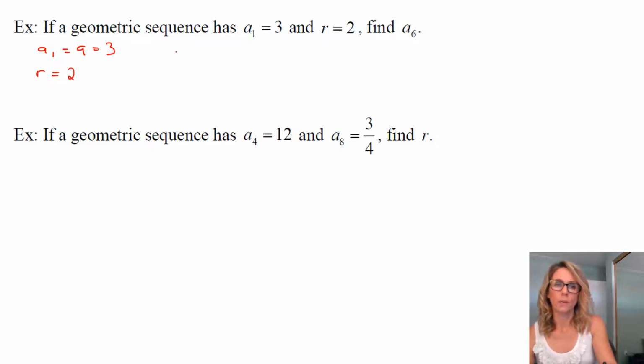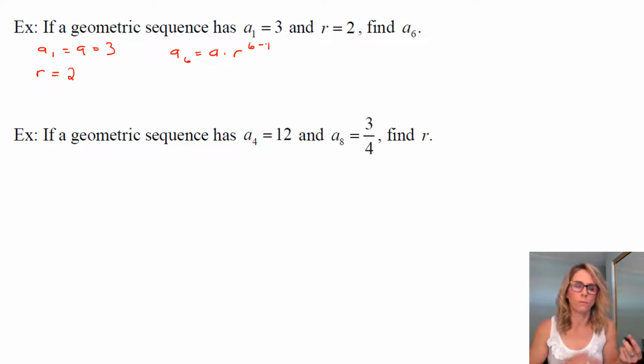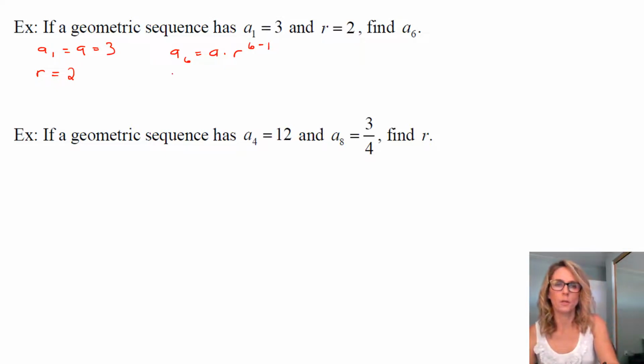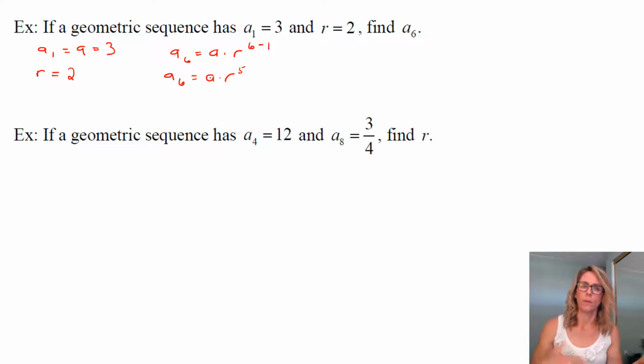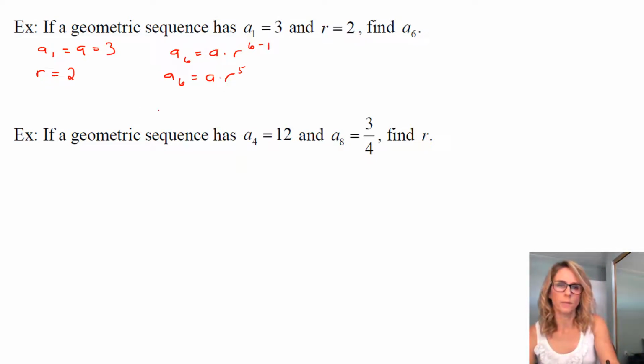So now thinking about a sub 6, that is just a times r to the 6 minus 1. Of course you can do this in one step; I'm just showing you the pieces here. So a sub 6 is a times r to the 5th. We know a and we know r, so you can go ahead and plug those in and see what you get for a sub 6.